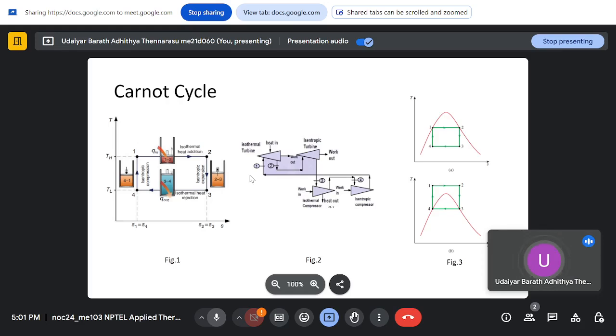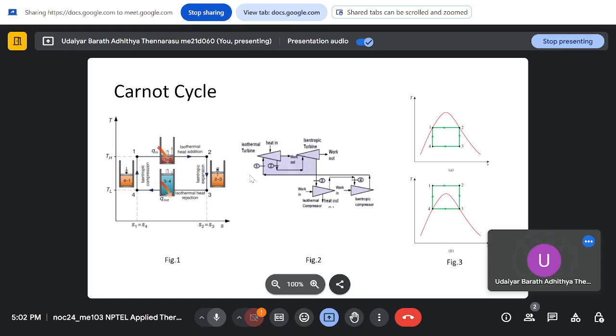For this we need an ideal cycle on which this comparison can be made, because if you are testing at different conditions, you cannot compare the two together. But this ideal cycle, when it's running in a similar scenario, gives you an idea of how the actual cycle is performing, and it makes comparison easier.